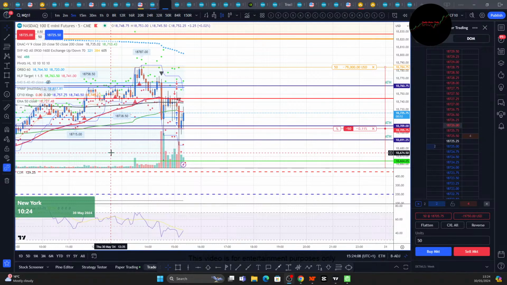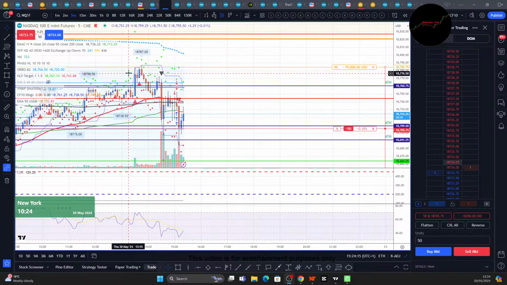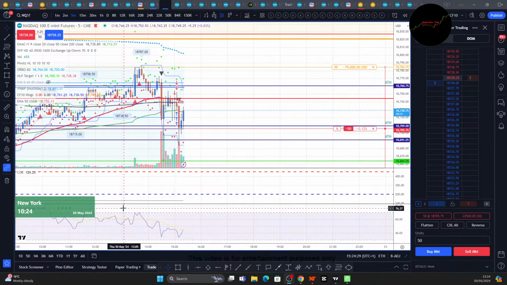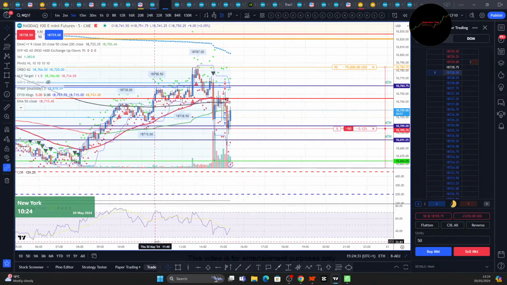So it seems like it's going to be another choppy trading day like yesterday. Choppy trading range day, where price repeatedly tests the point of control.